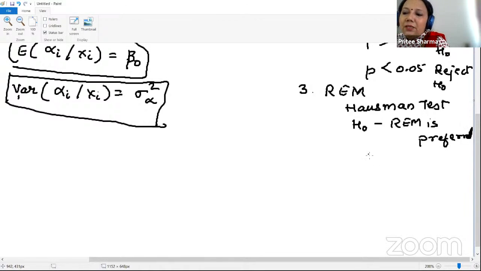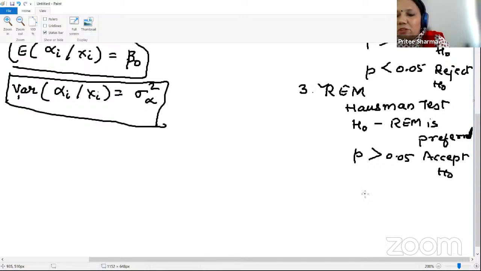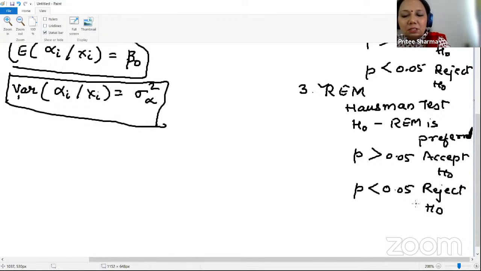If we get a p-value which is greater than 0.05, then we accept the null hypothesis, which means REM is good for our analysis. But if the p-value is less than 0.05, then we reject the null hypothesis. What it means is that REM, the random effect model, is not a preferred model. So then what do you do?